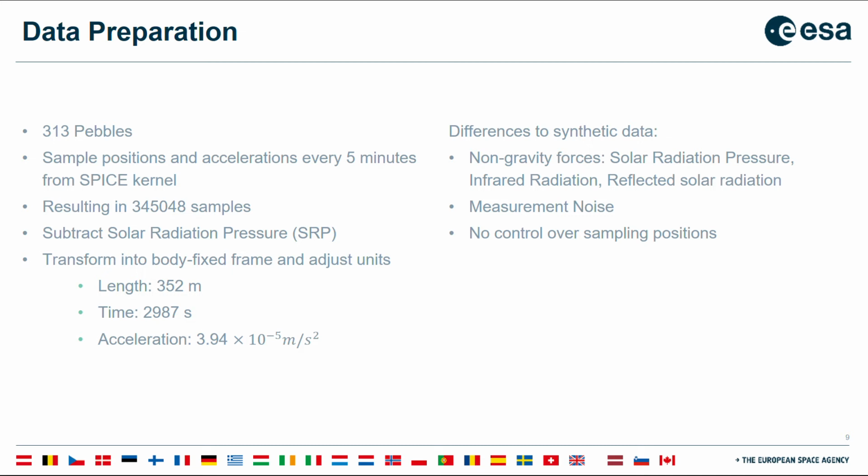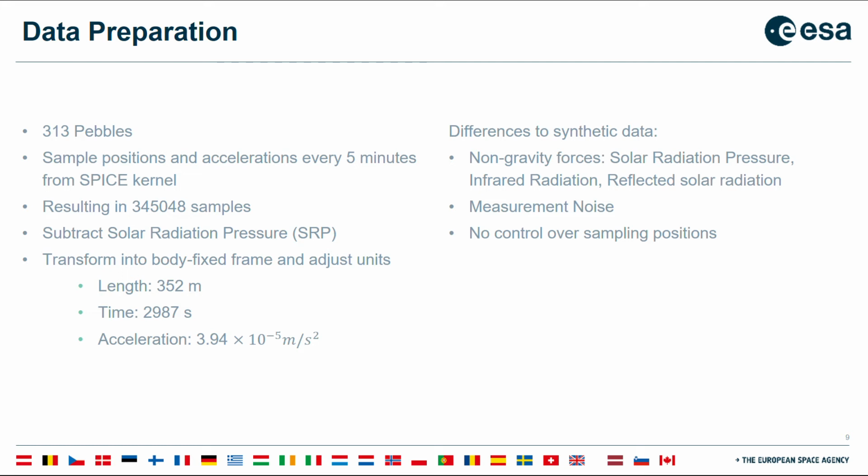And finally, to put them into a proper scale for neural network training, we use custom length and time units. So the length unit is so that it becomes a scale around 1. And the time and acceleration units are chosen such that the total mass of Bennu in these units will be 1. And that makes training and scaling easier.